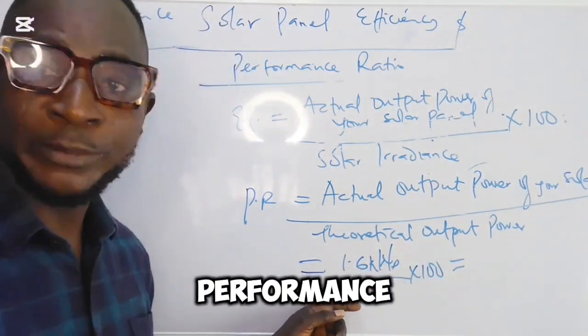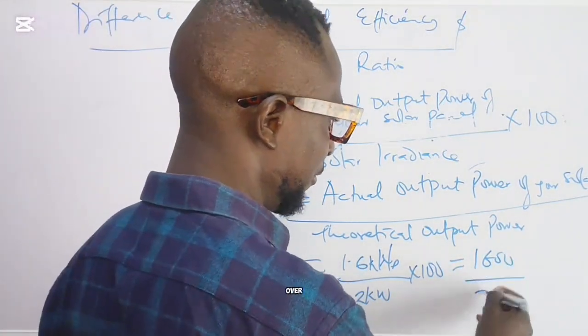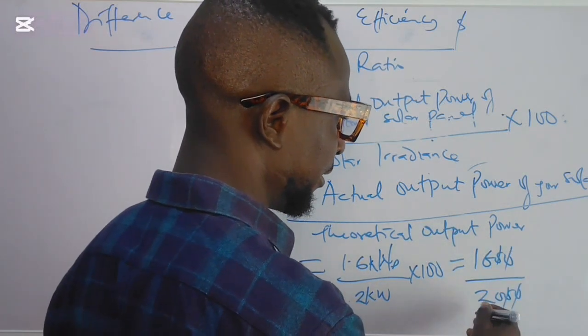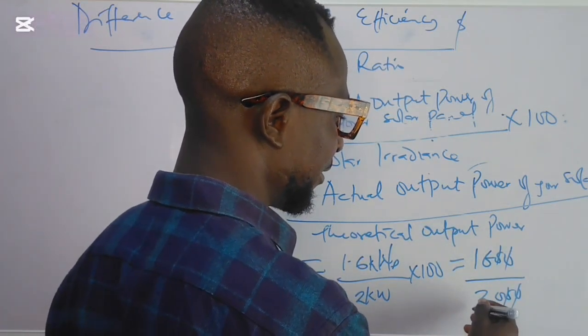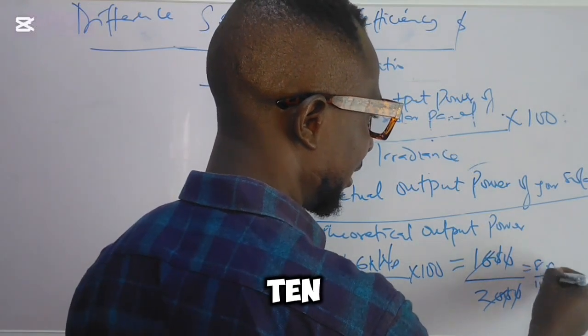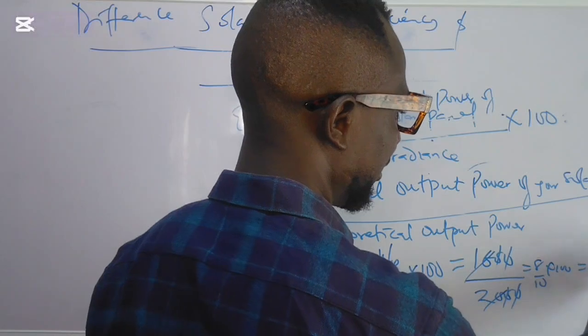Now, what is the performance ratio? So we have 1,600 over 2,000, which is 8 over 10 times 100. You are having what? 80%.